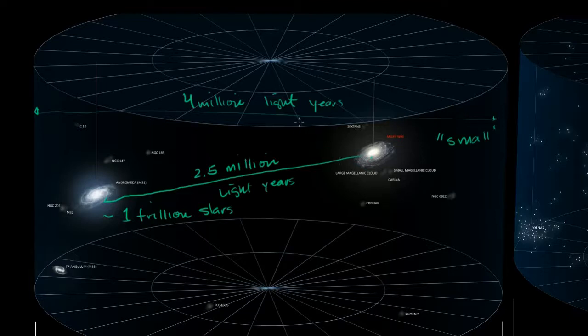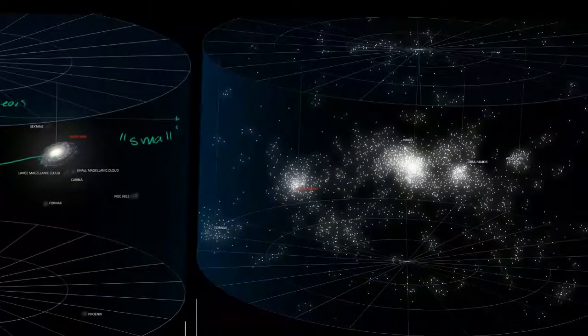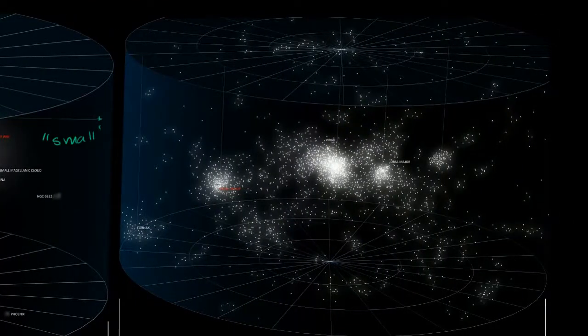Even this is small on an intergalactic scale, because when you zoom out more, you can see our local group right over here. And this right over here is the Virgo supercluster. Each dot here is at least one galaxy, but it might be more than one galaxy.